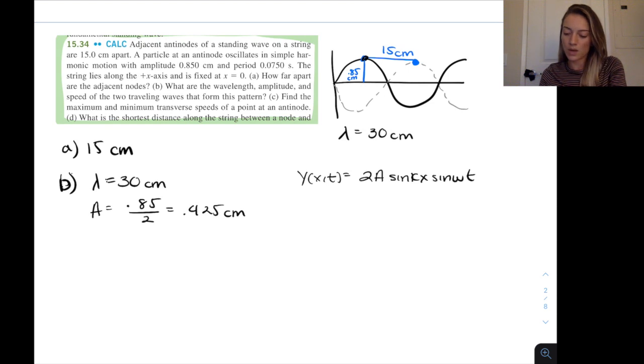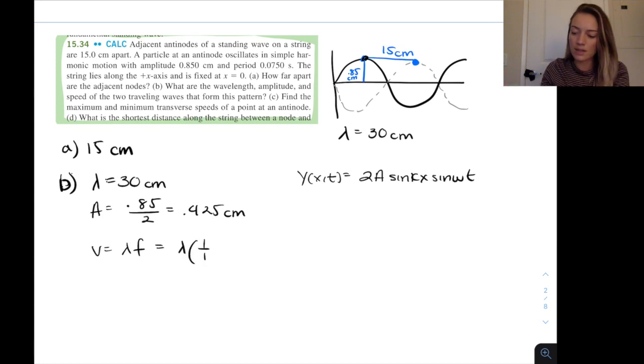And then we also want the speed of the two traveling waves. So the speed, we can just use this formula, lambda times f. We know that lambda, we already found, was 30. The frequency we can find because it says that the period is 0.0750, and we know that the frequency and period are just inverses of each other. So we can rewrite the frequency as 1 over the period. And again, for a standing wave, the period of each individual wave will be the same as the period for the entire wave.